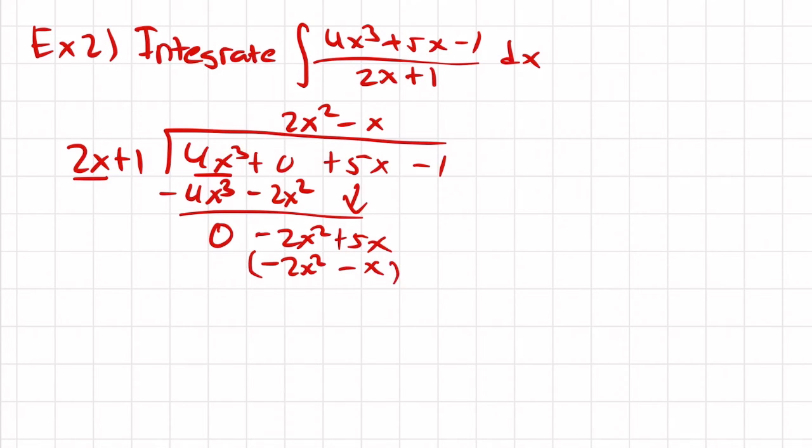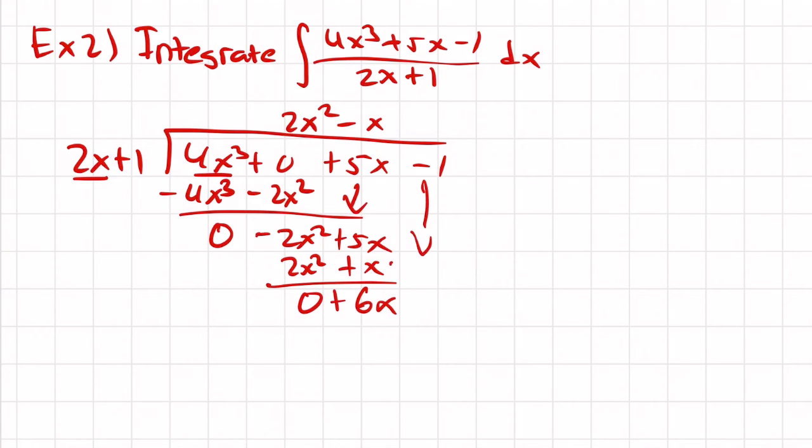Then we need to subtract negative 2x squared plus 5x minus negative 2x squared minus x. When we distribute the negatives into the parentheses, we simplify this to positive 2x squared plus x. So now we can subtract. Negative 2x squared plus 2x squared gives you 0, and 5x plus x gives you 6x.